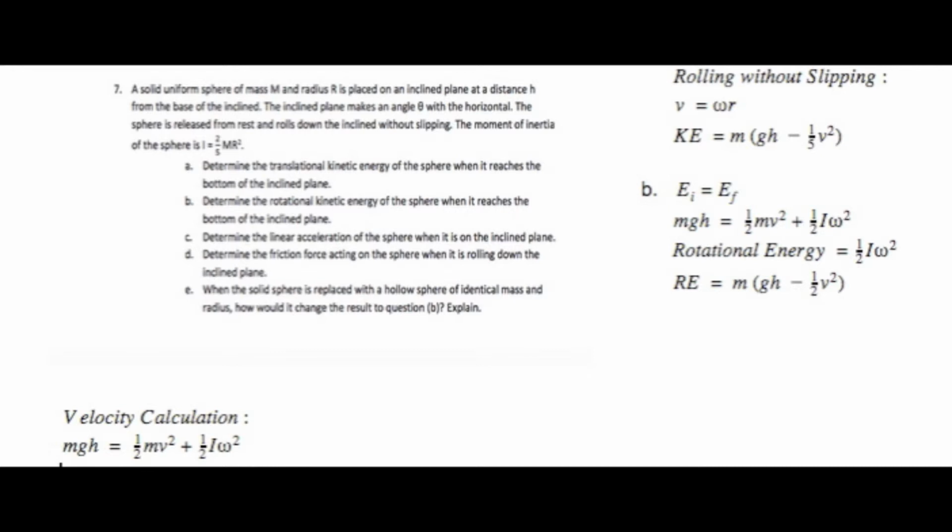Now, we have the answers to part A and part B of our problem, which involve energy. However, we have an unknown in the equation for our translational kinetic energy and rotational kinetic energy, and that's the velocity. Now we are going to use the equations that we used above to solve for the velocity. So let's start with mgh is equal to 1/2 mv squared plus 1/2 I omega squared.